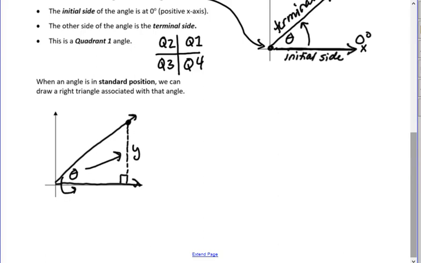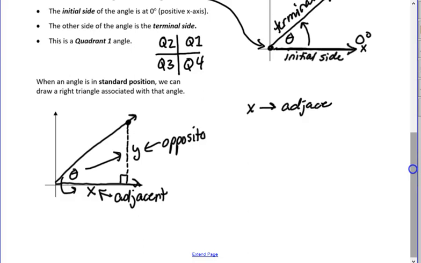Adjacent to theta is the x direction. So the y side is the opposite side. The x side is the adjacent side. And I want you to always put those two together: x is the adjacent side, and y is the opposite side when the angle is in standard position.